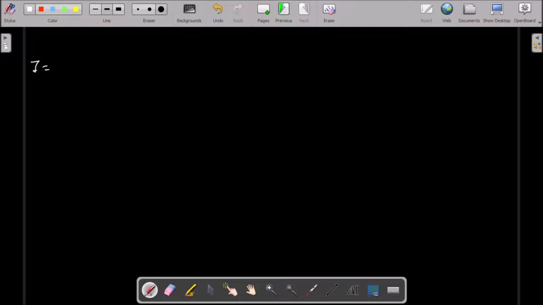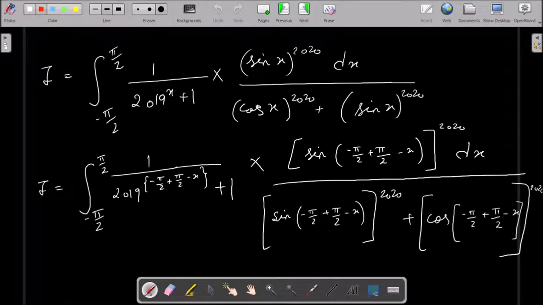I equals one upon 2019 to the power minus x plus 1. Okay, because see here, minus pi by 2 plus pi by 2 will get cancelled to 0, here also 0, here also.